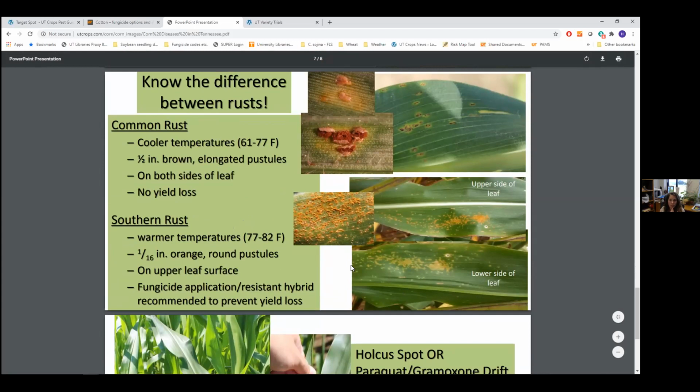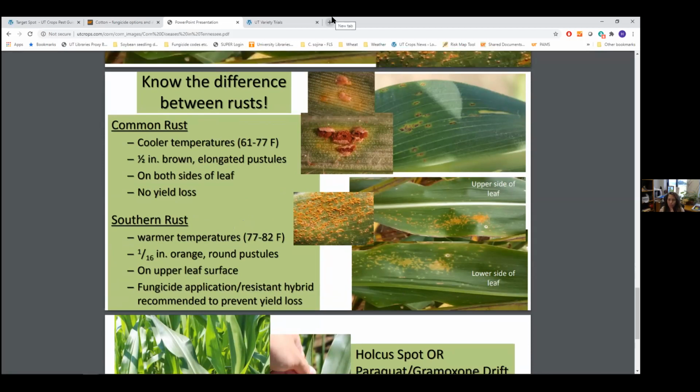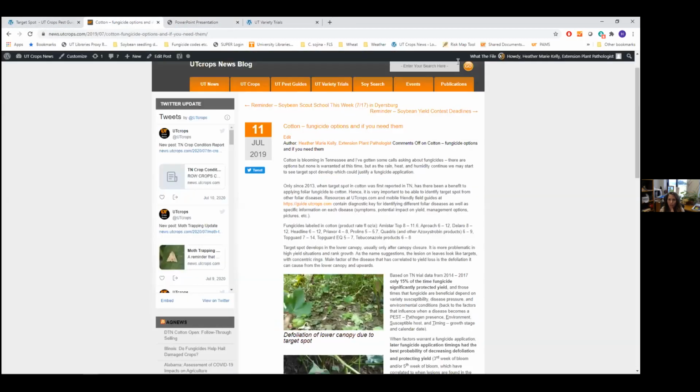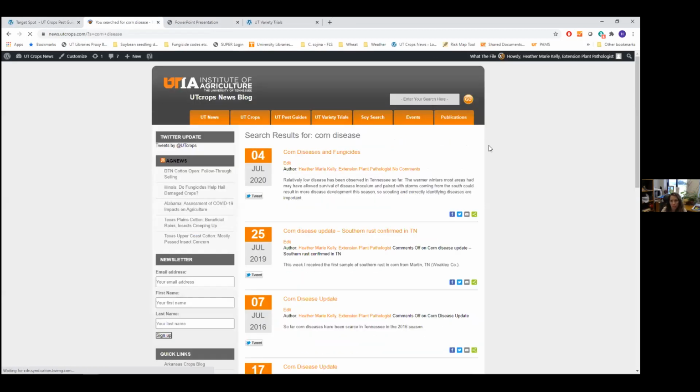So far this season, I've only gotten a report of common rust in Tennessee. I've not seen any southern rust. And actually, I do want to go back to, where are we at? Let's go back to here and go to corn disease. I want to pull up where you can monitor southern rust.